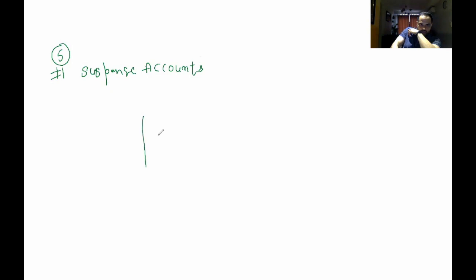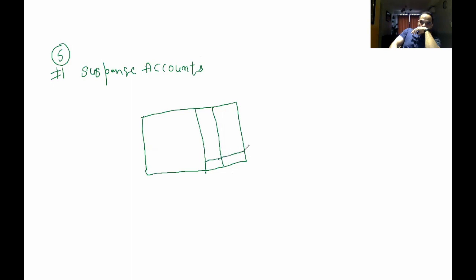So let me draw a trial balance. What is the important reason to prepare a trial balance? The important reason to prepare a trial balance is to find any kinds of mathematical mistake, to make sure we are not making any kinds of arithmetic mistake, right?